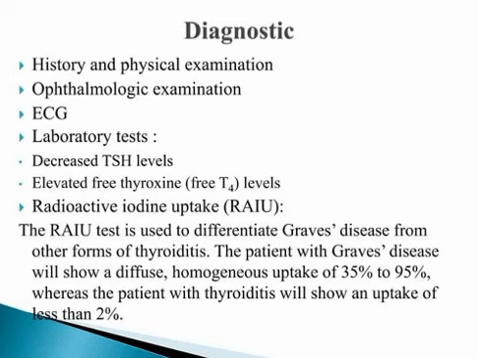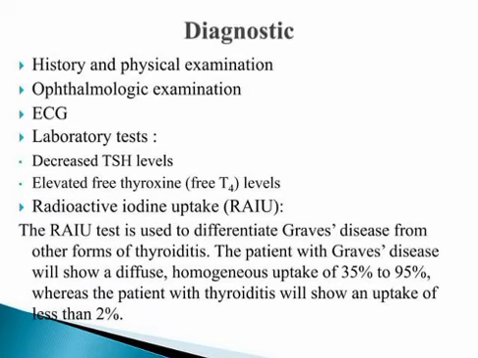So how can we diagnose these conditions? Usually we can diagnose this by history and physical examination, ECG, ophthalmologic examination, and laboratory tests which show decreased TSH levels, elevated free thyroxine levels, and radioactive iodine uptake.